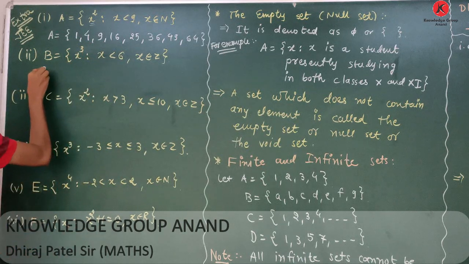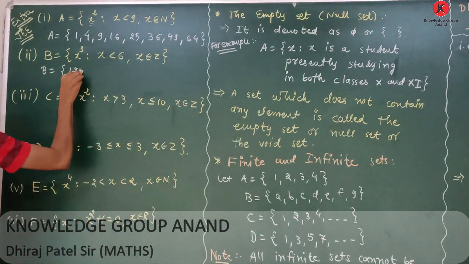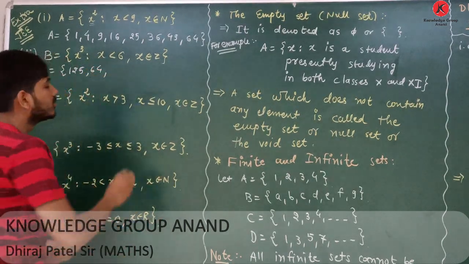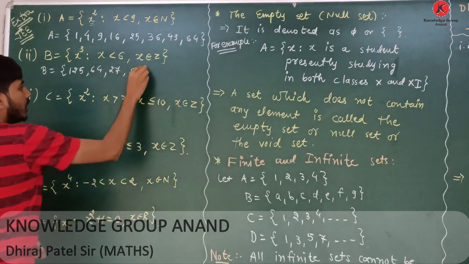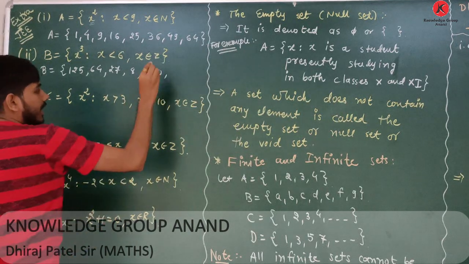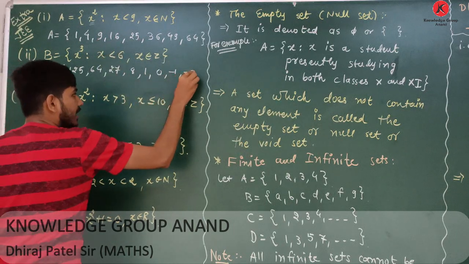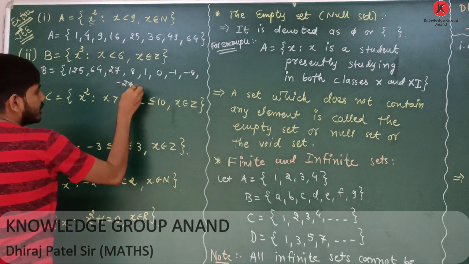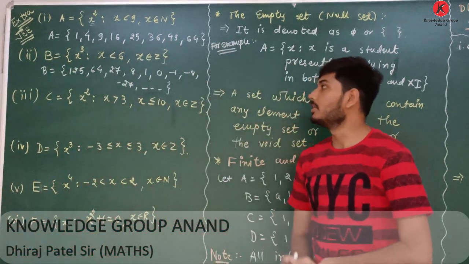Therefore the set B equals 5 cube 125, 4 cube 64, 3 cube 27, next 2 cube 8, next 1 cube 1 and 0 cube 0, -1 cube -1, -2 cube -8, -3 cube -27 up to infinity. Okay, it is going to be infinite.